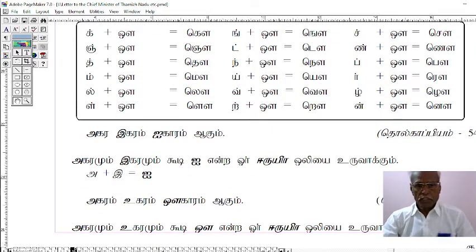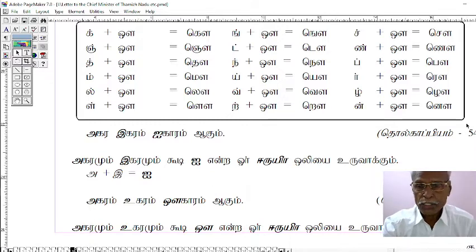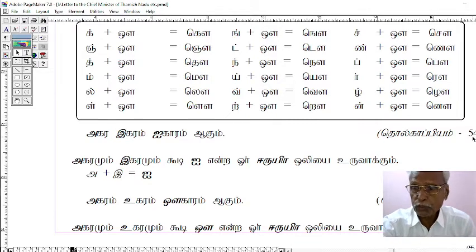Let us see an important thing here. That is, the 54th definition of Tolkappiyam says, அகர இகரம் ஐகாரமாகும்.